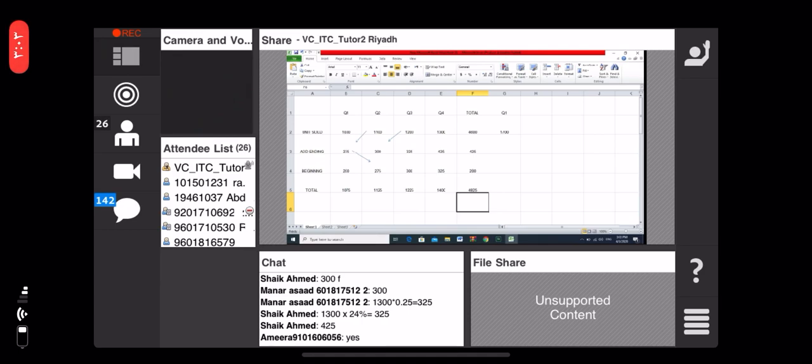So if you want to check, just find 1000, this is amount, plus second amount here, plus third quarter, plus fourth quarter must be equal 4825.